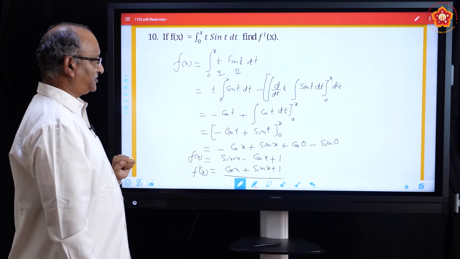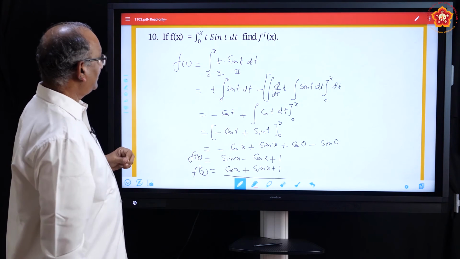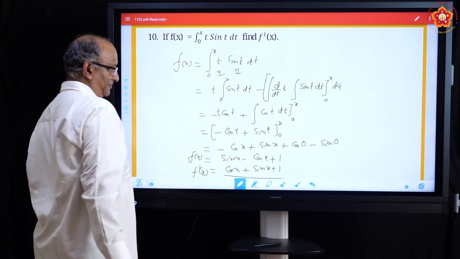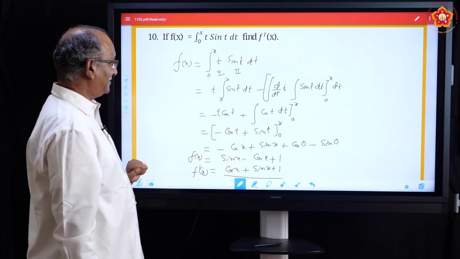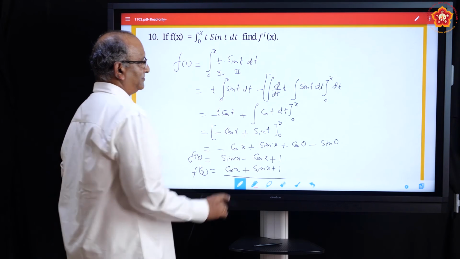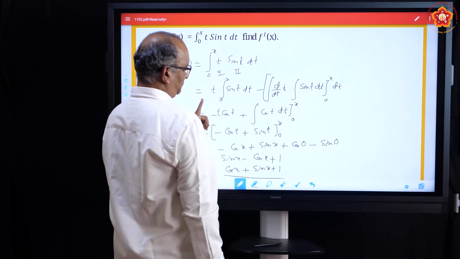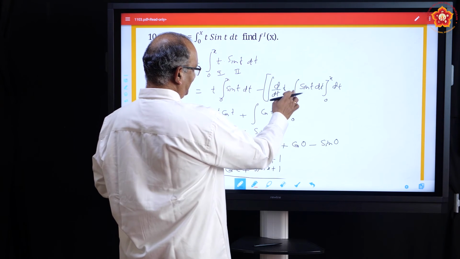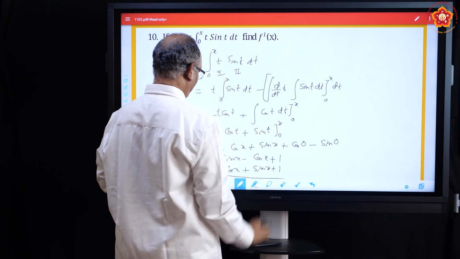We have missed out this t. Minus t cos t. And then d by dt of t is 1, and integral of sin t is minus cos t. So minus into minus became plus.